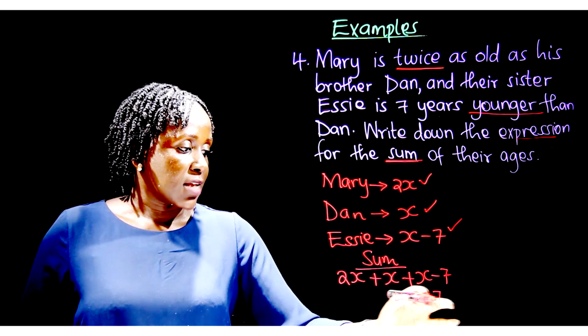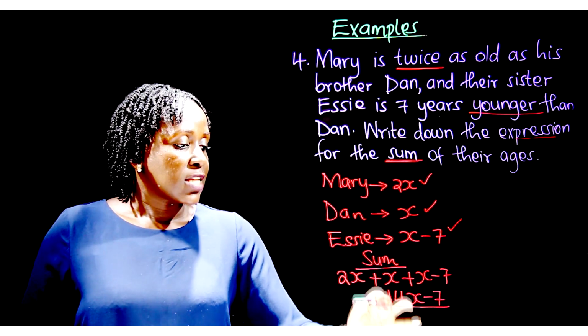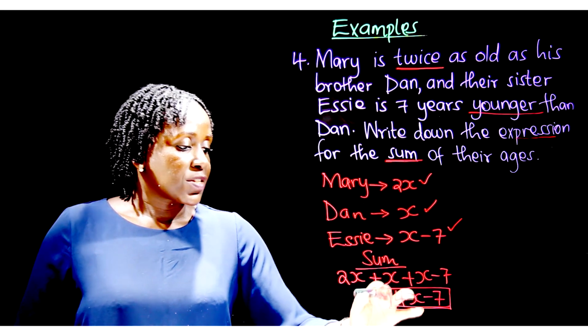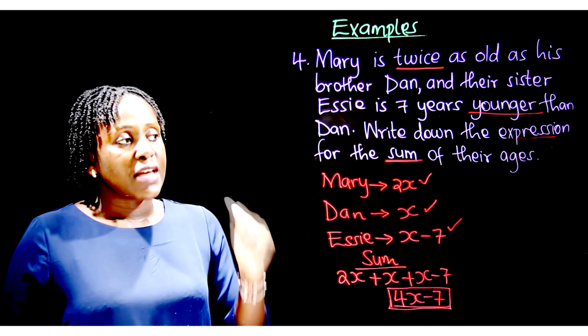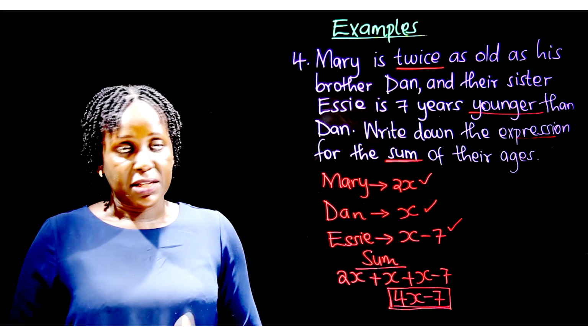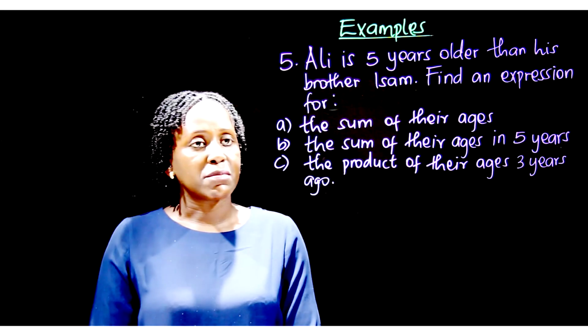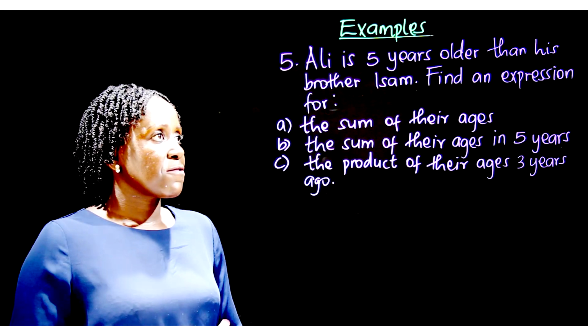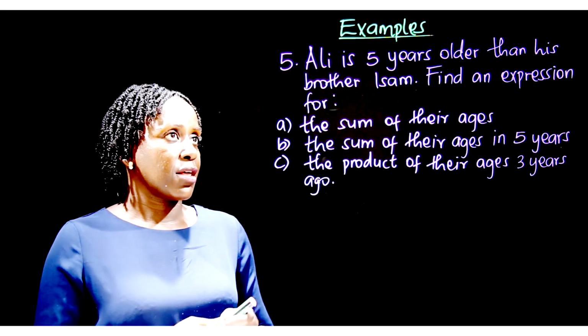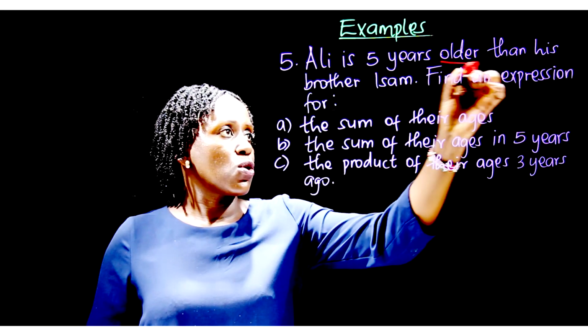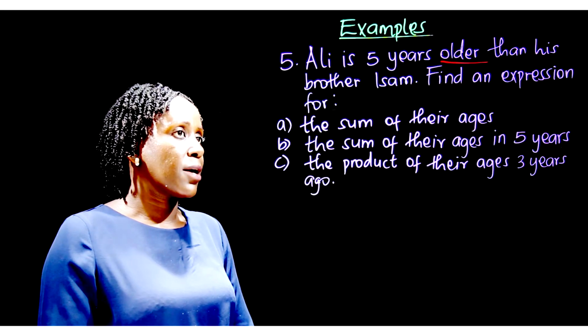And then minus 7. So this is the expression that represents the sum of the ages of the 3 siblings. Now in this question, we're going to look at 3 possibilities. Ali is 5 years older than his brother, so 5 years older than his brother Isam.